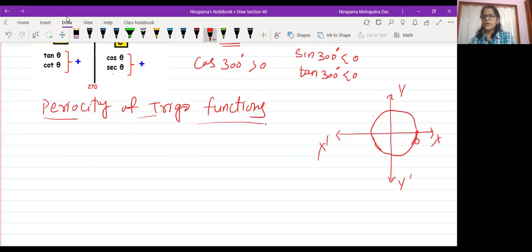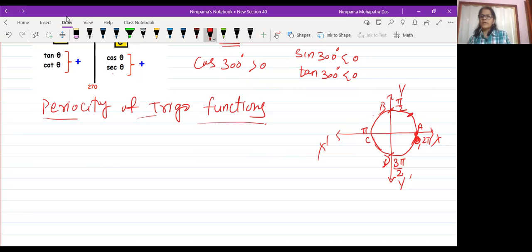Now your starting point is A, so you are starting from 0 radian. When you reach here, it is pi by 2. This is pi, so it is A, B, C, then D. Now here it is 3 pi by 2. Again you are arriving at this point. This is your 2 pi. Suppose, for example, I want to reach here again and again.